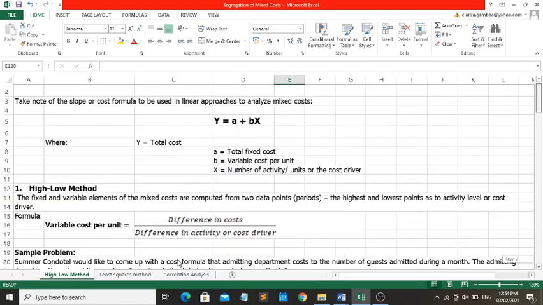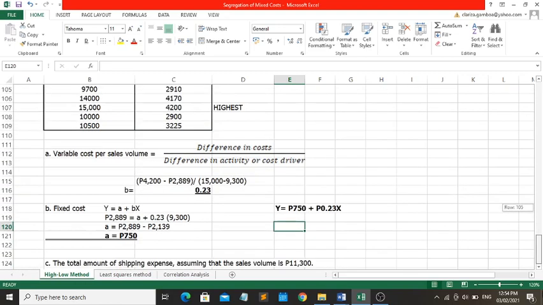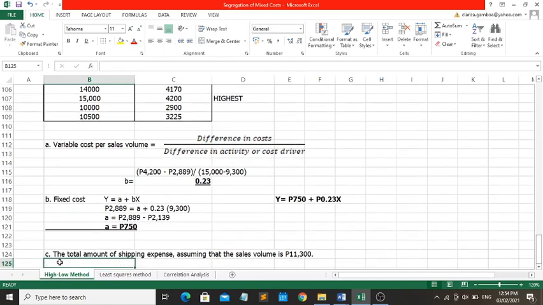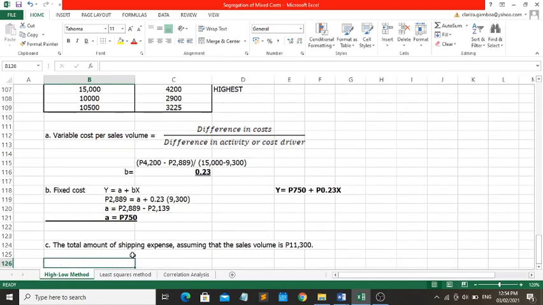So, pwede nating sagutin yung question number 3. The question number 3, the total amount of shipping expense assuming that the sales volume is 11,300. So, gamitin natin yung ating cost function na formulate. And i-substitute natin yung given value ng x, which is 11,300 na sales volume.